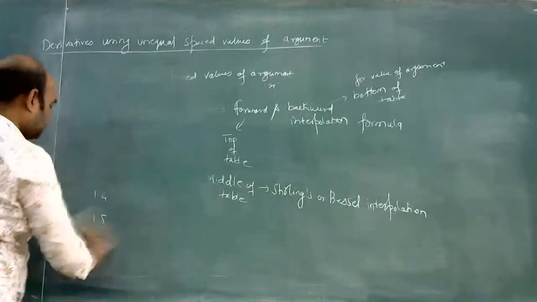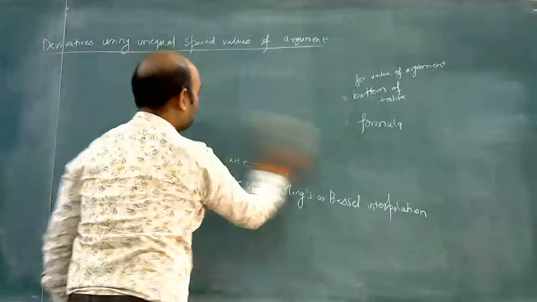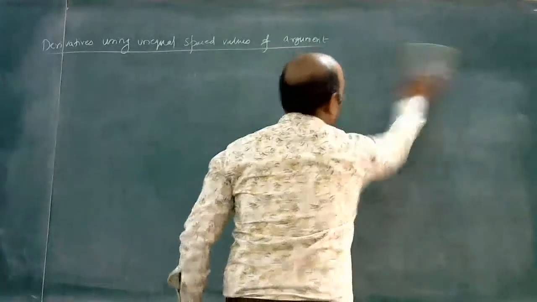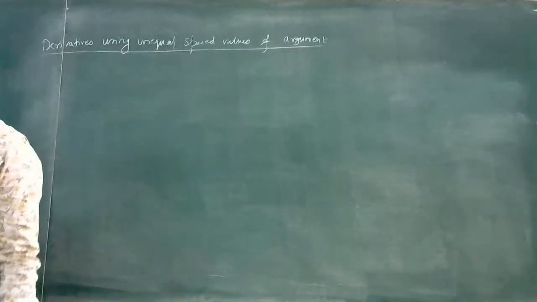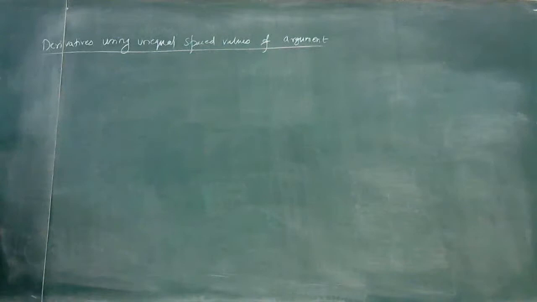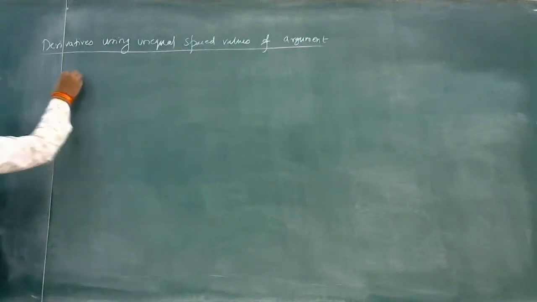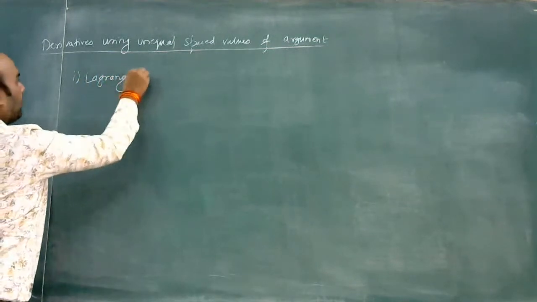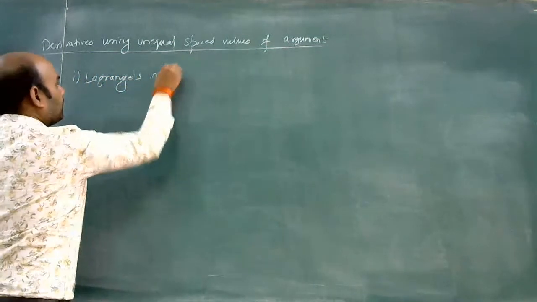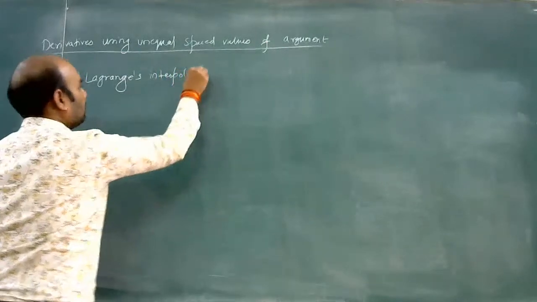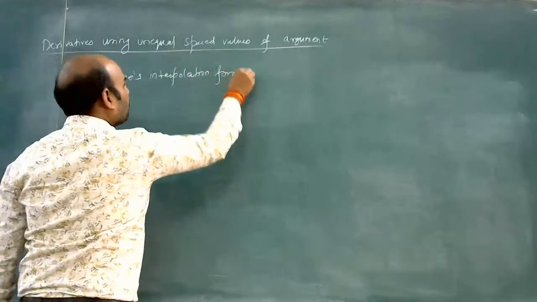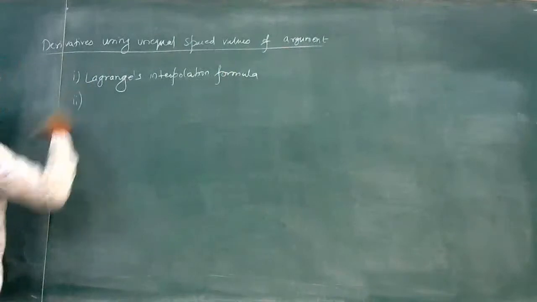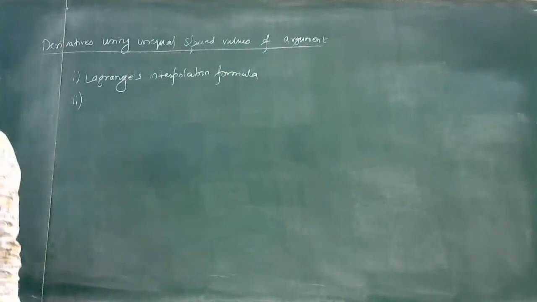And the second one, there are two interpolation formulas for unequal intervals. Very good, Tushar. So the first one is Lagrange's interpolation formula. Second one, anyone?